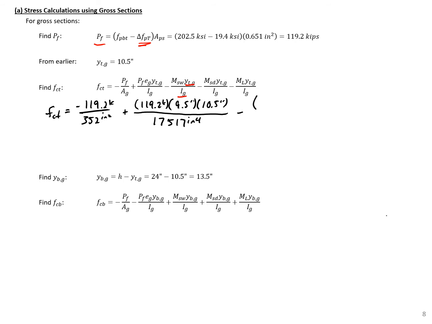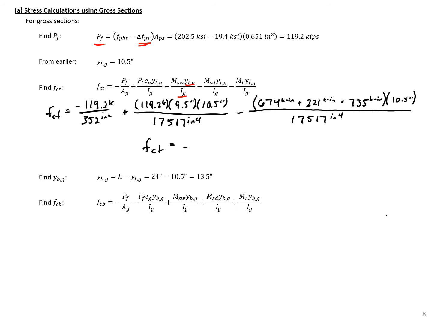And we have our moments of 674 kip inches plus 221 kip inches, plus our live load moment, 735 kip inches. And this is all times 10.5 inches, the distance between the centroid and the top of the section, divided by 17,517 inches to the fourth. So here we'll get a top fiber stress equal to negative, which is compression, negative 0.637 KSI.